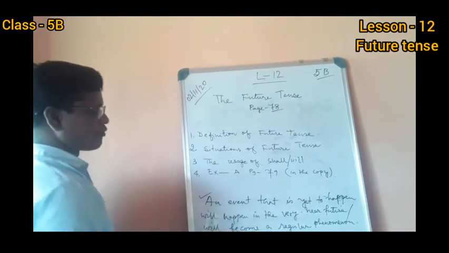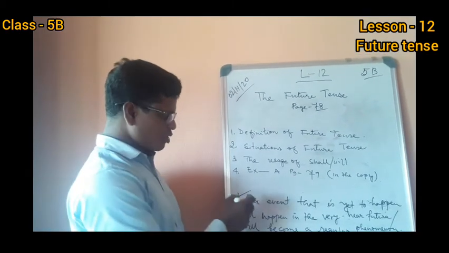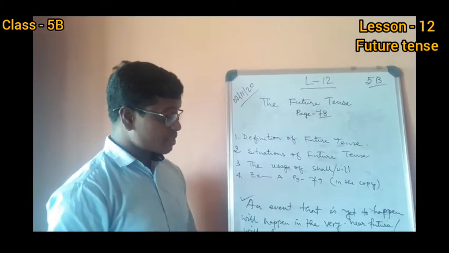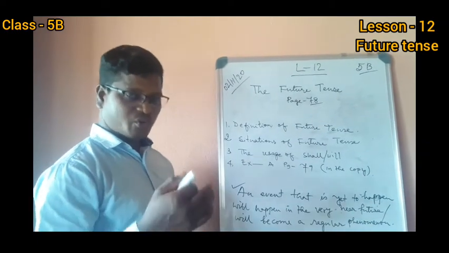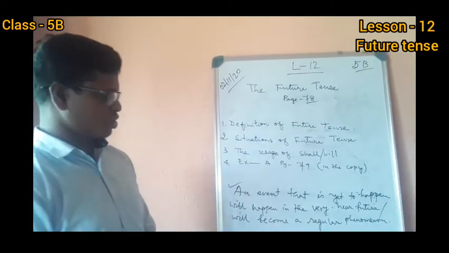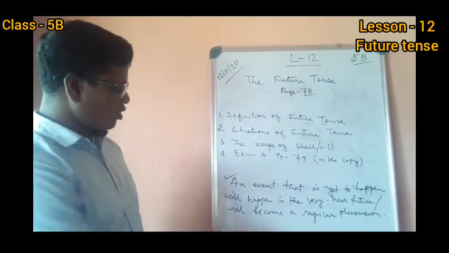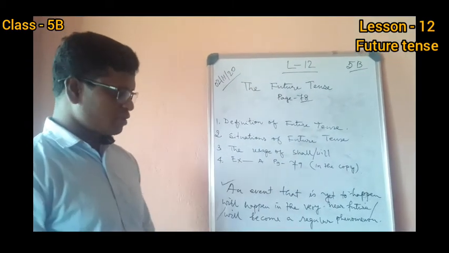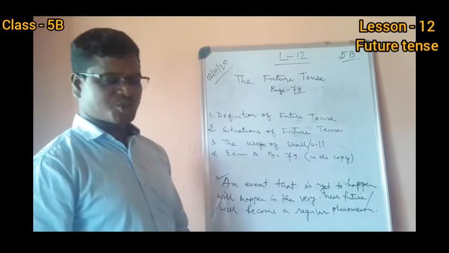So this is the first situation of future tense. So where to use it: an event that is yet to happen, some event that is going to take place in the future, or will happen in the very near future, or will become a regular phenomenon in the future. So not now, but in the times to come.